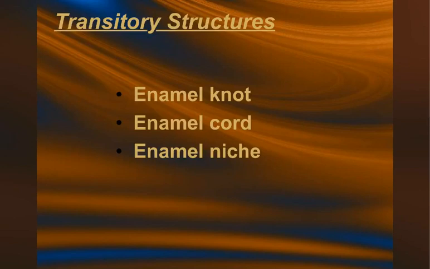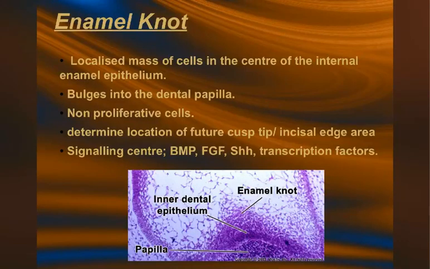Now we'll talk about transitory structures during tooth development: enamel knot, enamel cord, enamel niche. The enamel knot is a localized mass of cells in the center of the internal enamel epithelium. It's a collection of cells mainly from the internal enamel epithelium plus cells of the stellate reticulum.